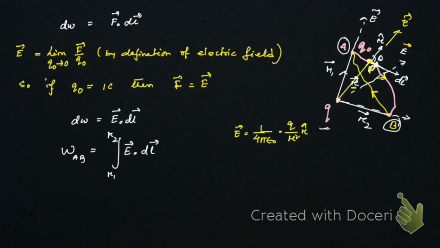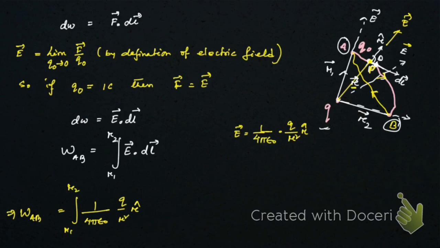So we will get the integral from r1 to r2 of 1 by 4 pi epsilon naught q by r square r cap.